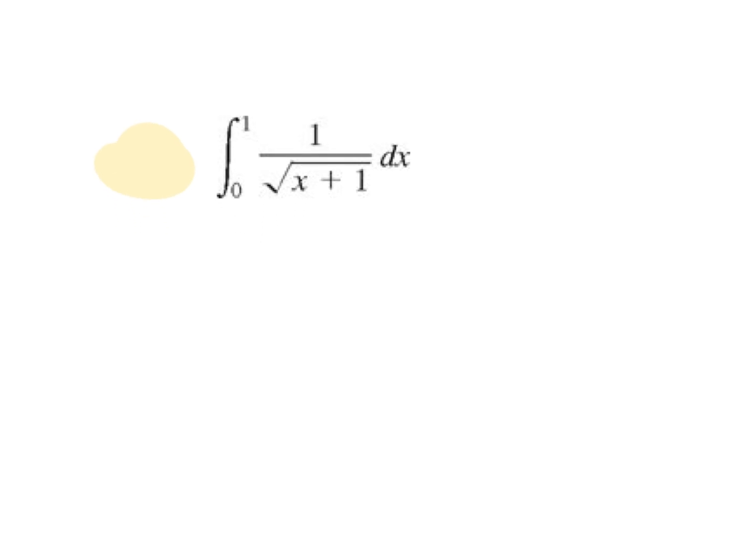So for here, we want to find our definite integral. What could we do here? Awesome. I'm going to let u equal x plus 1. So then what's du equal to? 1 dx.